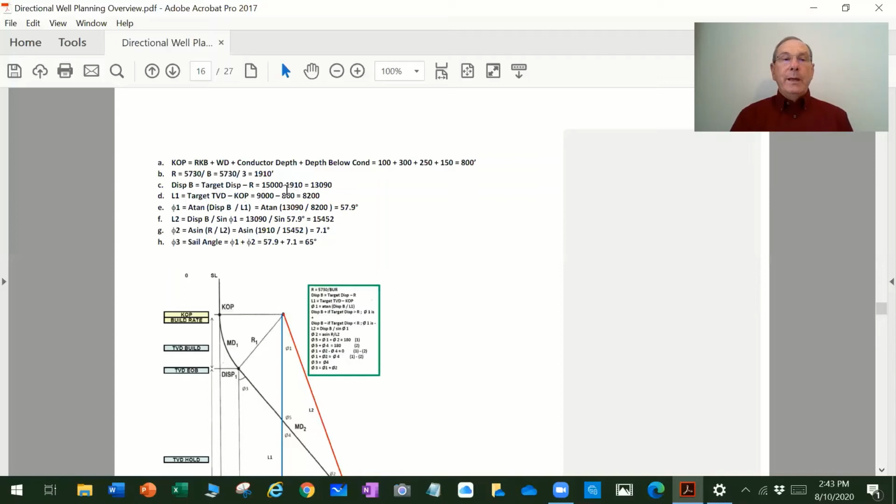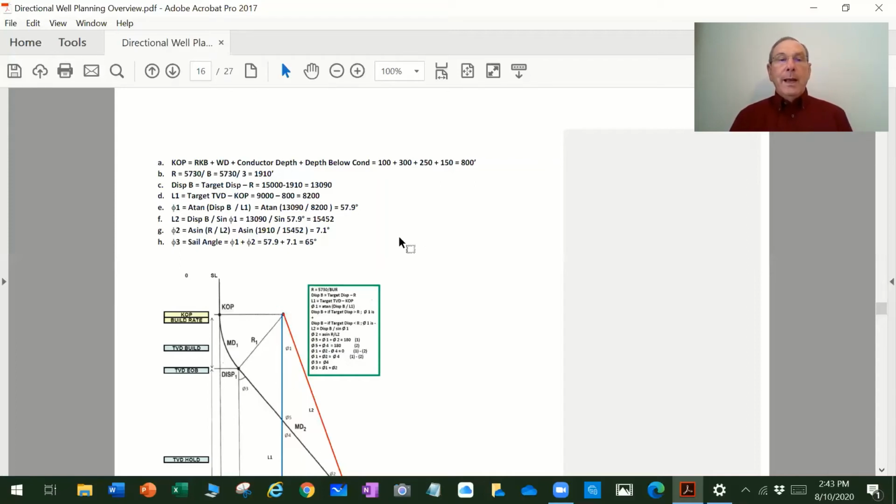So now we can calculate our angle at the top. Angle 1 is going to be the arctangent of our displacement B divided by L1. So that's the arctangent of 13,090 feet divided by 8,200 feet, which is 57.9 degrees. This is angle 1 here.